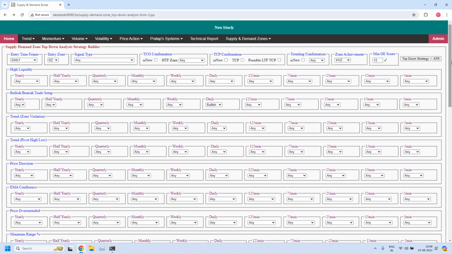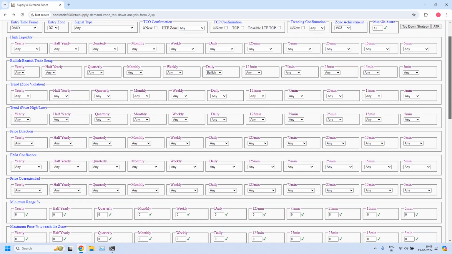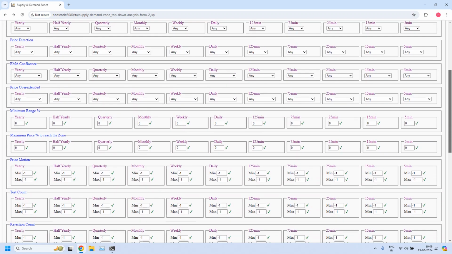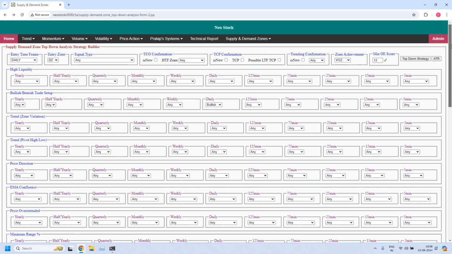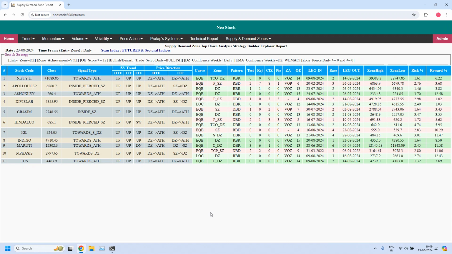So for that, what I am doing is I am going to add EMA confluence in the weekly time frame, weekly demand zone, that is, the demand zone having weekly EMA confluence. Let us filter. 11 stocks.